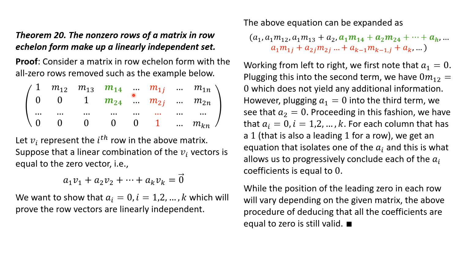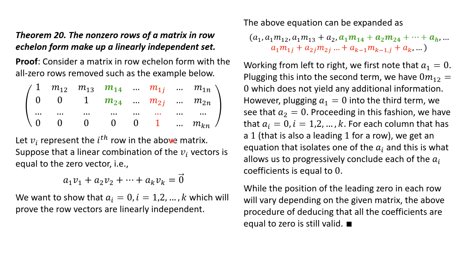And then you have some dots here, but then eventually you get to the column that has a 1 in the kth row, this one here, which I've coded in red. So it's a1 times m1j, a2 times m2j, and then all the way down to the one before here, a(k-1) times m(k-1)j, and then the last one would just be a sub k.